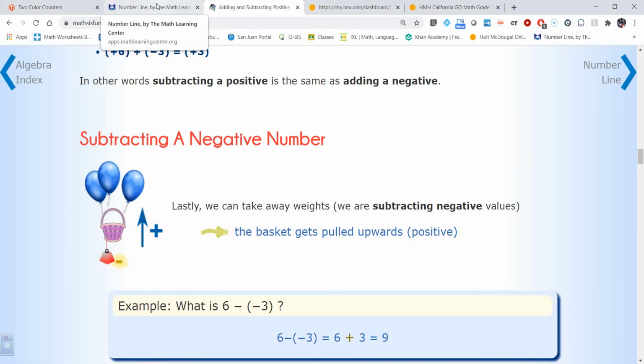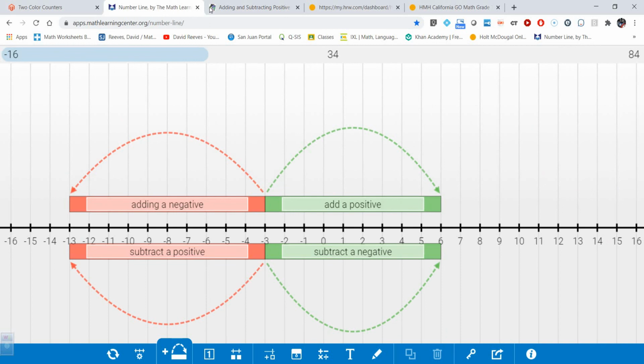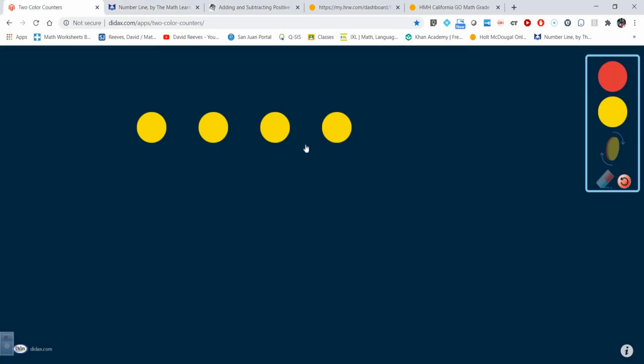And if we go back to the tiles, if we go back to our counters, again, if I have a value here. If I want it to get bigger, I will add positives. It's getting bigger, all right? If I want it to get smaller, I will add negatives. So I'm at -3.